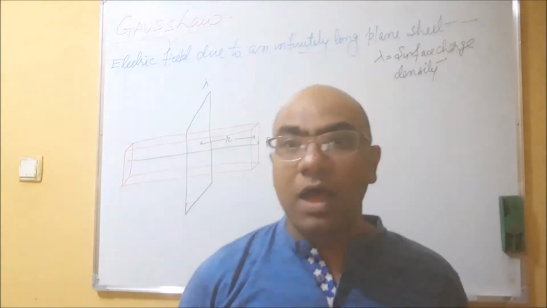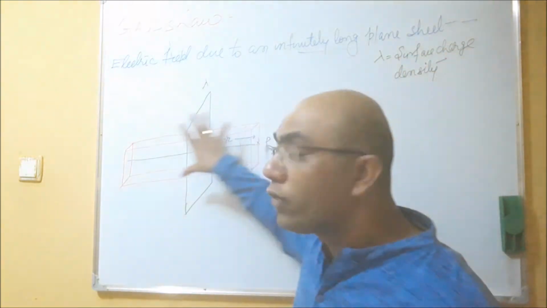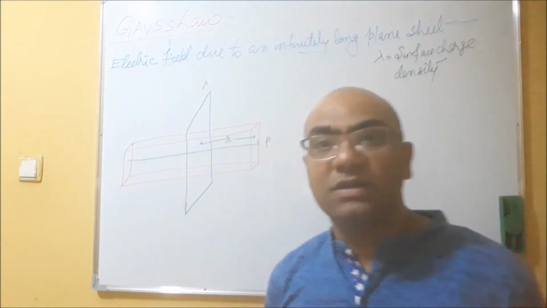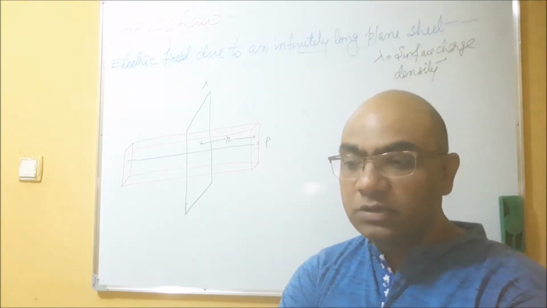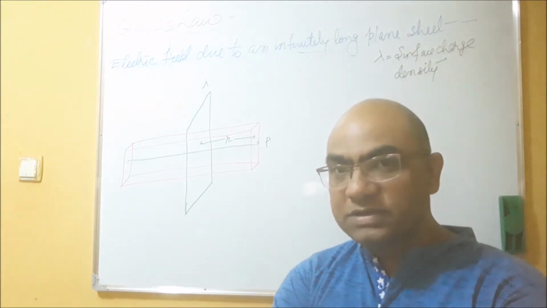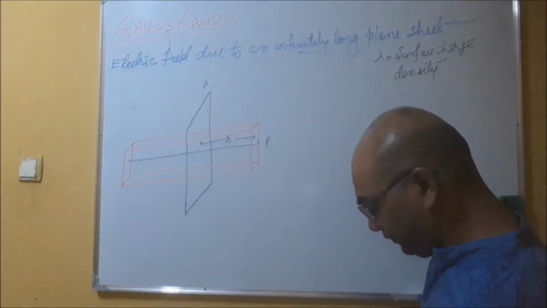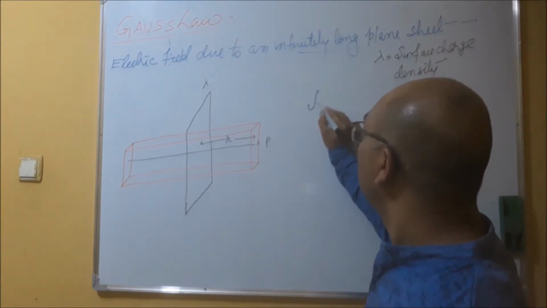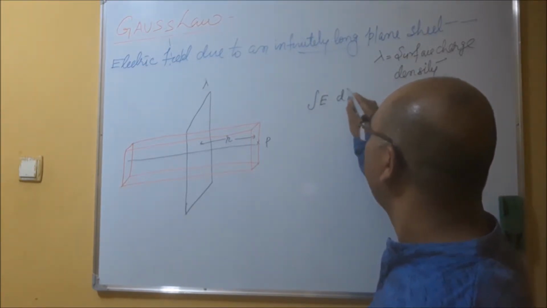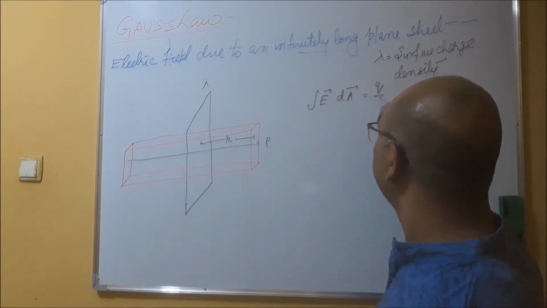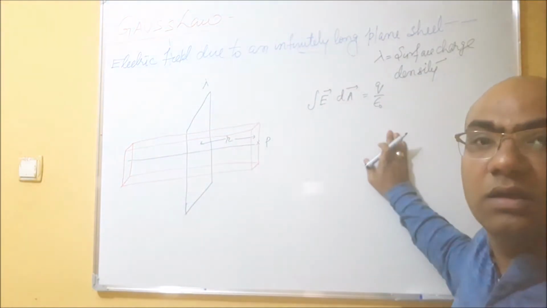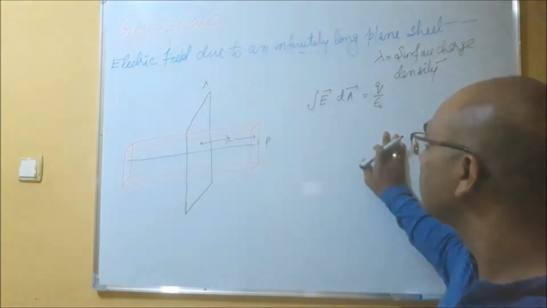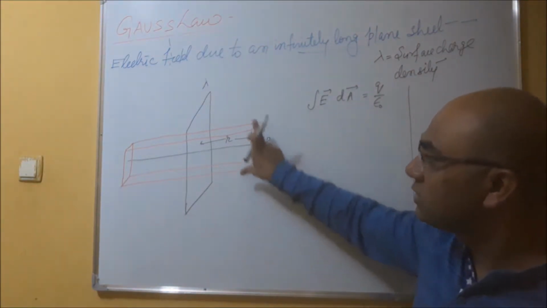So I'm making a surface, a cuboid surface like this, right? So if I have the cuboid surface like this, what will happen? Again, write E dot dA is Q upon epsilon naught. What is this? Gauss law, right?